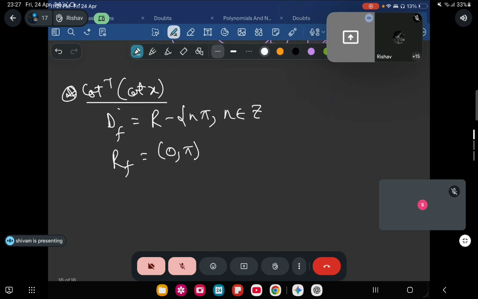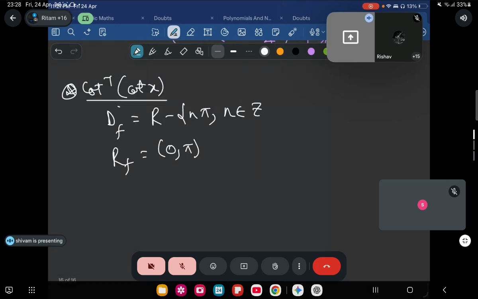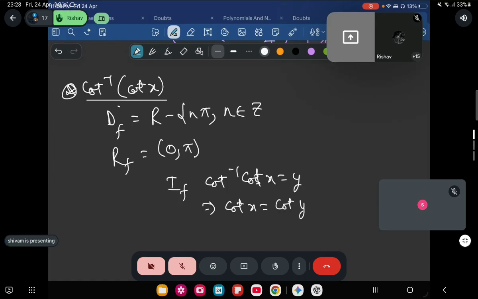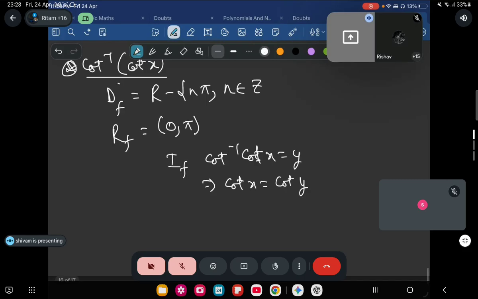Okay. Now let us draw the graph. So again, if cot inverse cot of x is equal to y, this implies cot x equal to cot y, that is tan y equal to tan x.